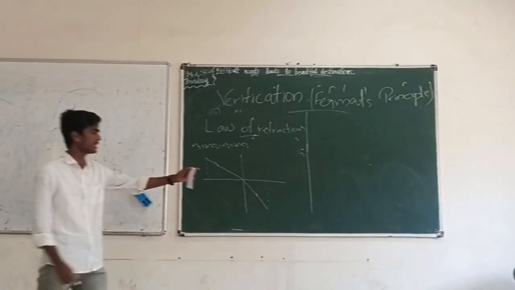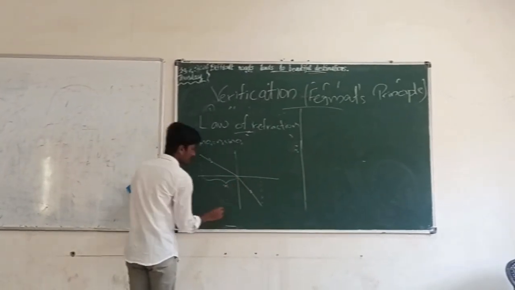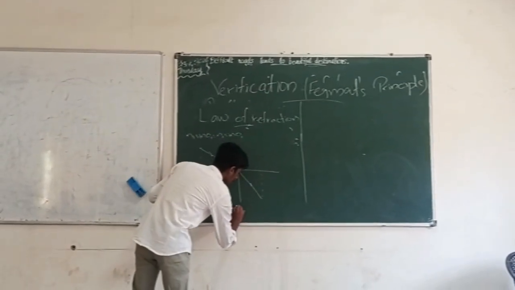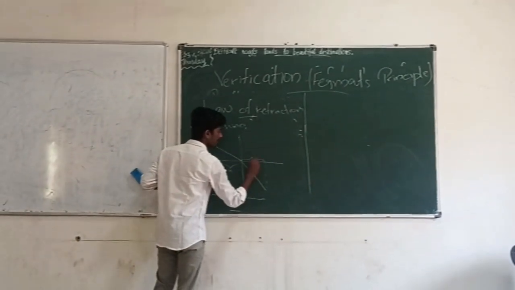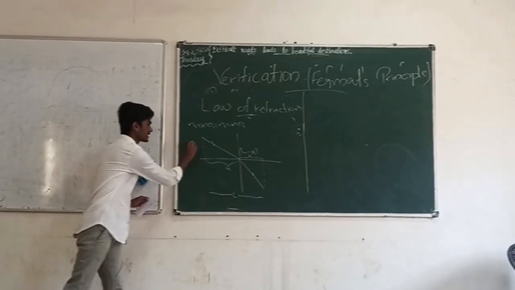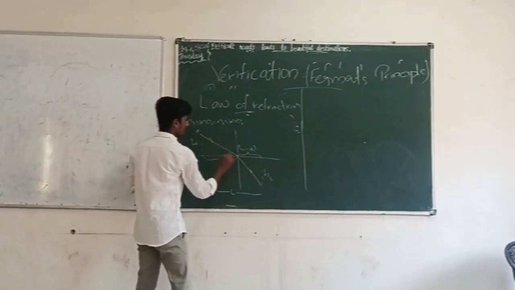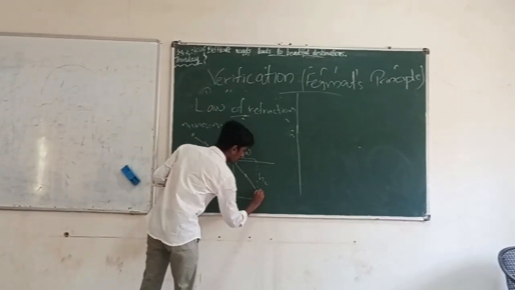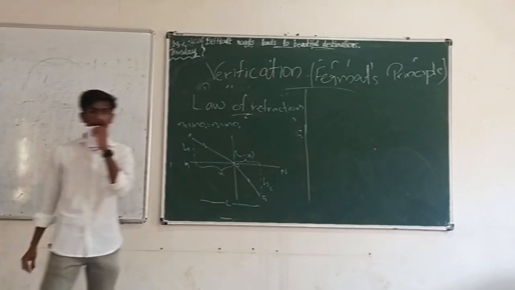We have to draw two lines. I am taking this length as x. I am taking this whole length as L. So this remaining length will be L minus x. Okay. I am taking this height as h1, this height as h2. This ray is A, O, B. This line we are taking as MN.